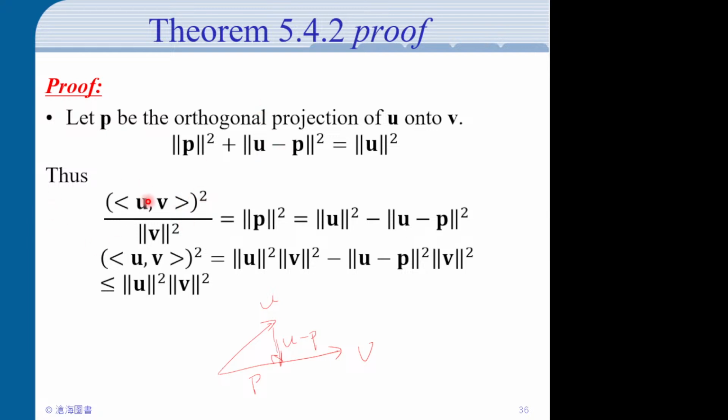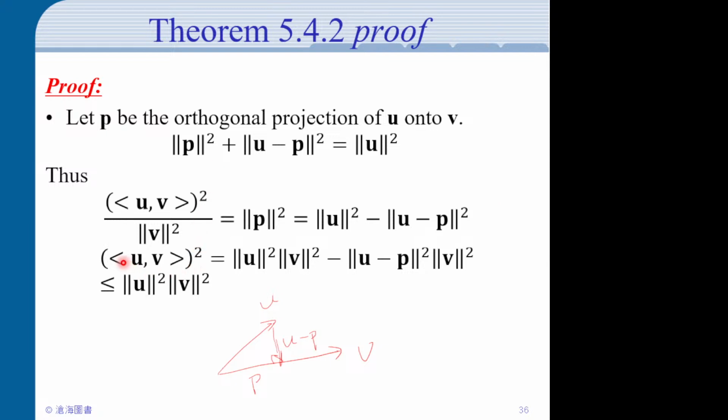Now we can talk about our inner product by the definition of the orthogonal projection. So the length of P squared is alpha squared, and that's the inner product squared divided by the length of V squared, because alpha equals this thing. But P squared also equals, from here, U norm squared minus the U minus P norm squared.